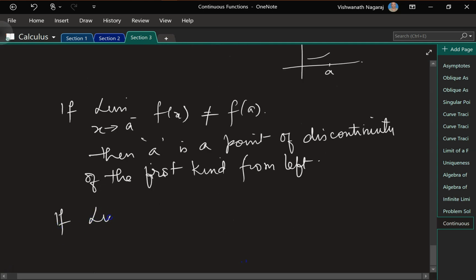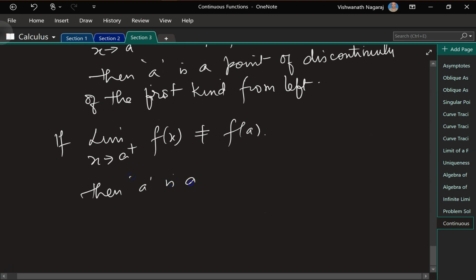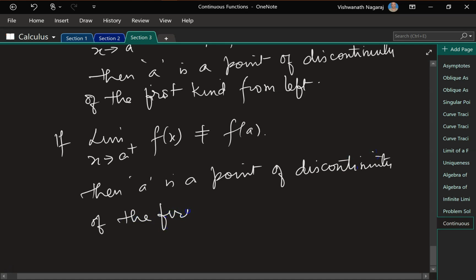If the limit as x approaches a from the right hand side of f of x is not equal to f of a, then we can say a is a point of discontinuity of the first kind from right.